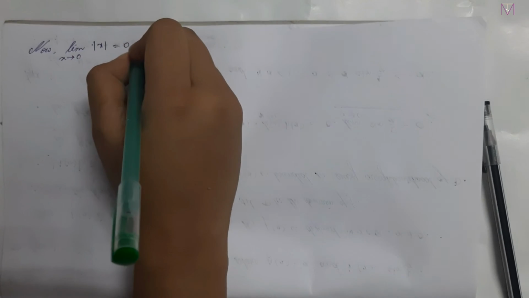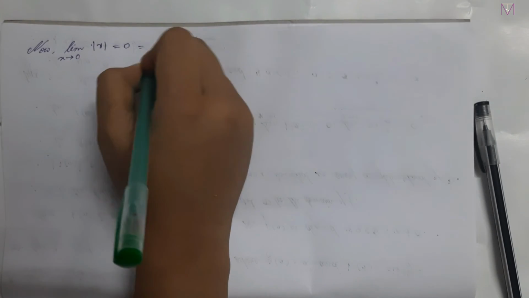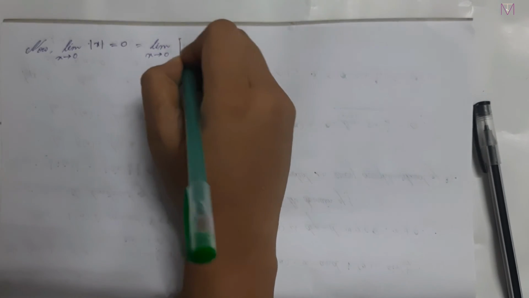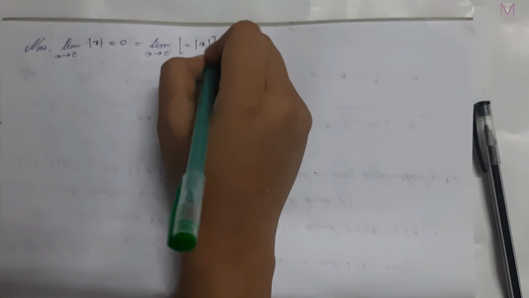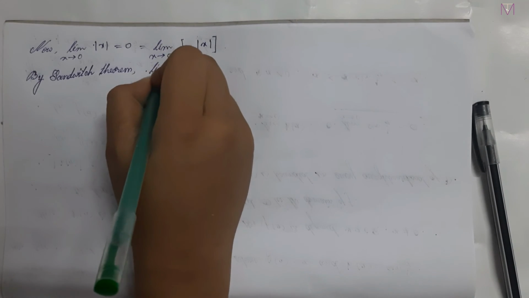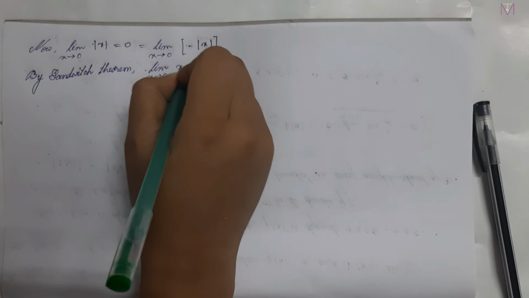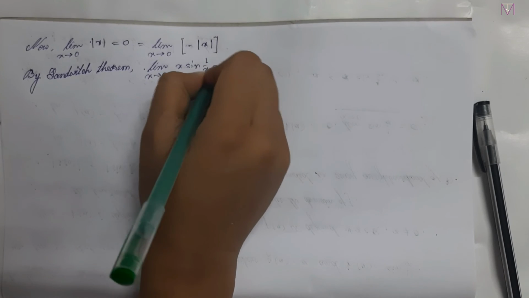Now limit of x tends to 0, mod of x is equal to 0, and also limit x tends to 0, minus of mod x is equal to 0. So by Sandwich theorem, limit x tends to 0, x sin 1 by x is equal to 0. This is the second method.